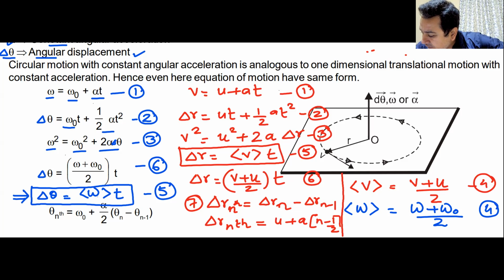And this is a new way in which I'm writing this because I've seen that this is simpler to remember. u is the initial velocity, a is the acceleration, n is the second.